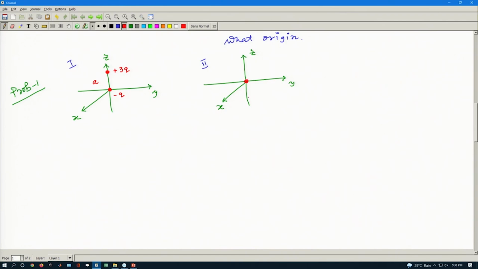I have one charge here and another charge here. This is plus 3q and this is minus q, and this length from here to here is a, like before.